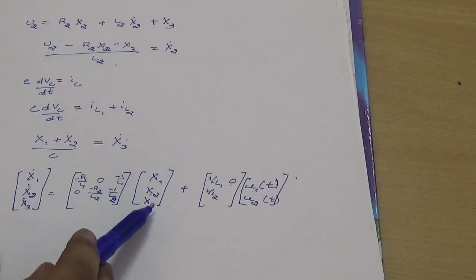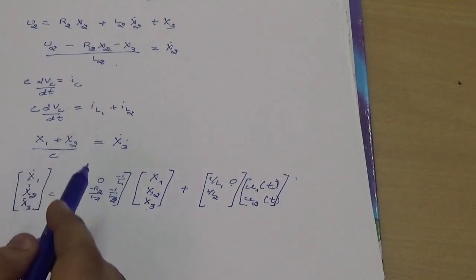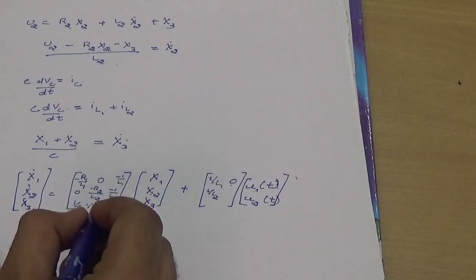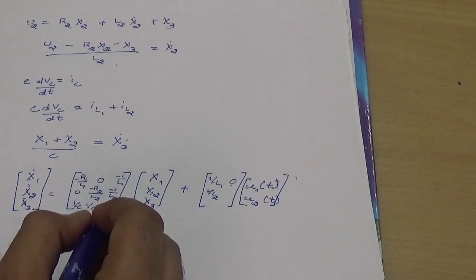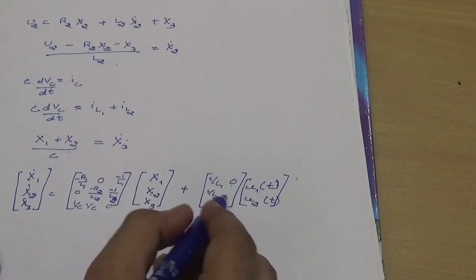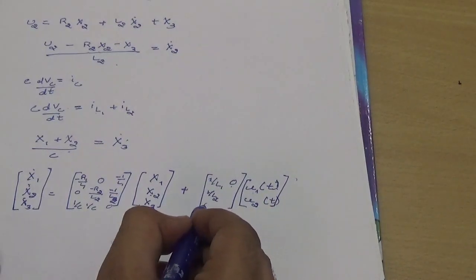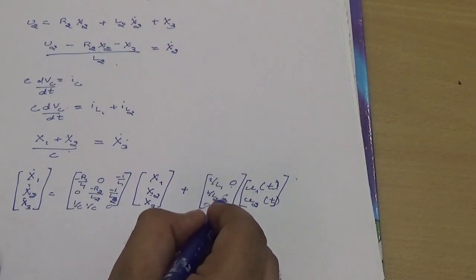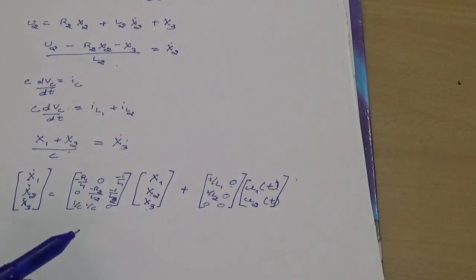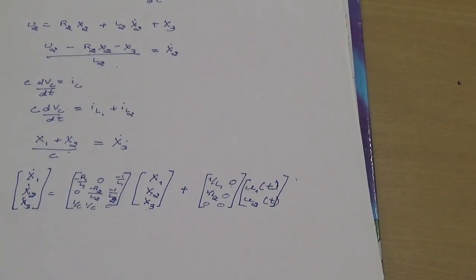Now x3 dot has this expression, which is 1 by C over here and 1 by C in the second term, whereas in the third column it is 0 because there is no x3 term, and x3 dot does not include any of the inputs, so I write 0 here and 0 here as well. Now this represents the state model equation for the electrical circuit given below.